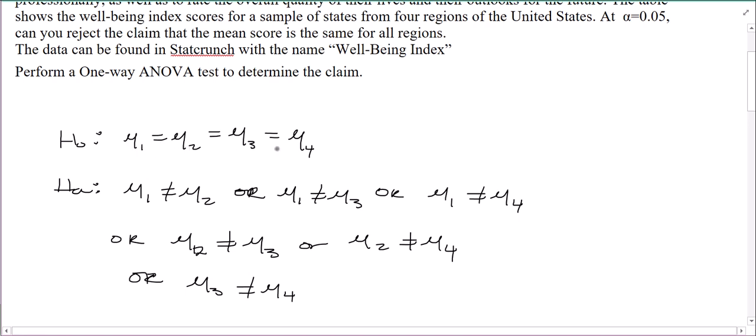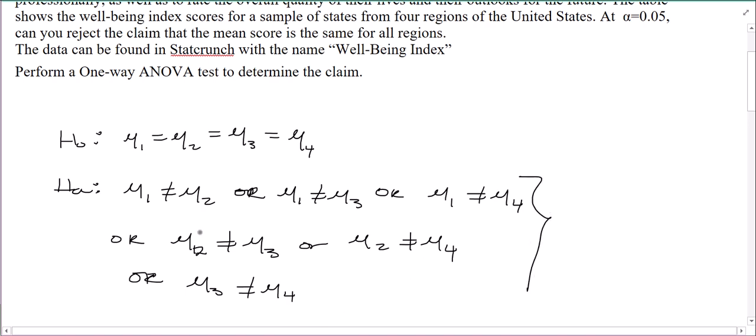That will be the complement of this, which says they're all the same. The complement of they're all the same is at least one is different. That means either mu1 is different from the other 3, which is this long sentence in symbols, or mu2 is different from the other ones. We already captured mu2 not equal to mu1, so you don't have to rewrite it. So either mu2 is not the same as mu3 or mu4, or mu3 could not equal mu4. This is the part that gets pretty cumbersome.